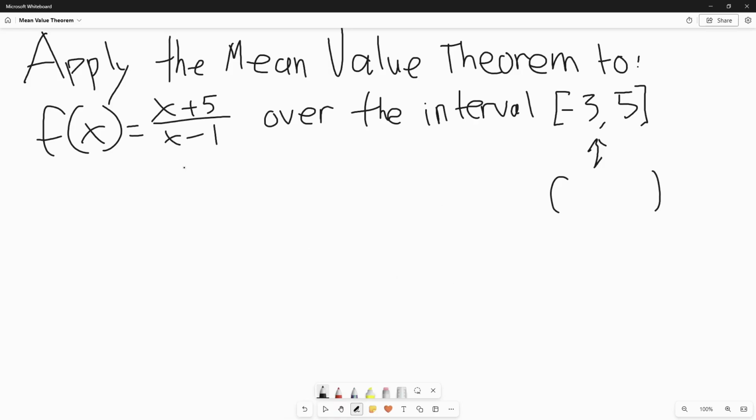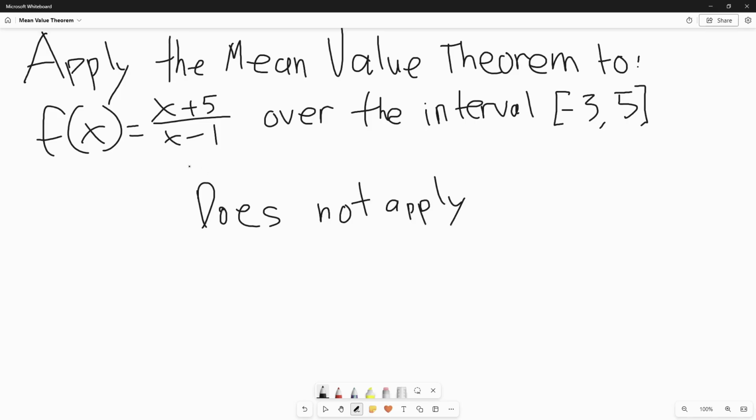And since x equals 1 is inside the closed interval, you cannot apply the mean value theorem. So if you have this on a test, you can just say does not apply. But of course, you need to prove it first. You can't just write that. You need to write proof that when x equals 1, it's not continuous.